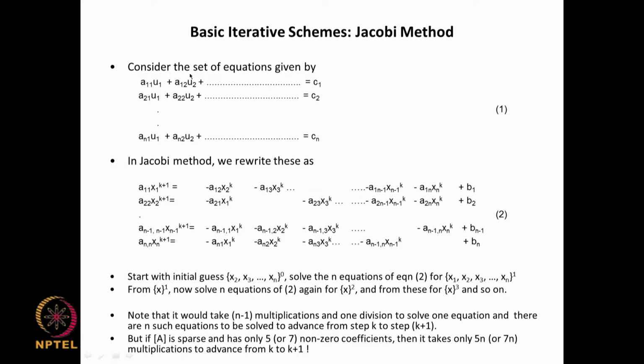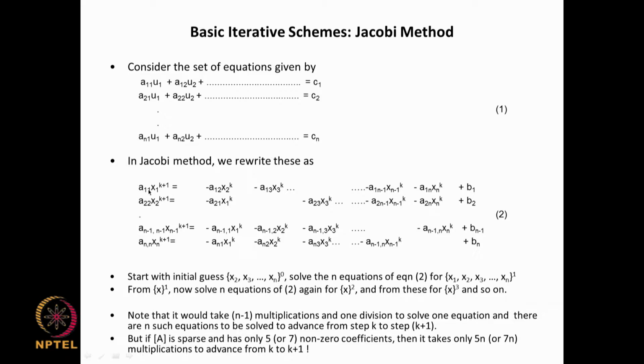In the Jacobi method, we make use of the first equation and put all these other elements to the right hand side, and so we can put this as a11 x1^(k plus 1) equal to minus a12 x2^k minus a13 x3^k and so on plus b1. So essentially this b is the same as the c here. We have rewritten the original equation with the same b, and all the other elements except the first element in the first equation are shifted to the right hand side.